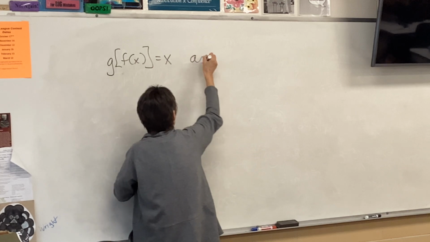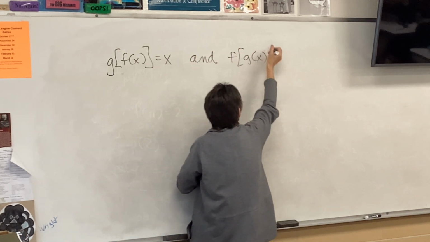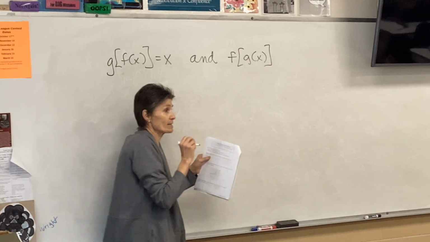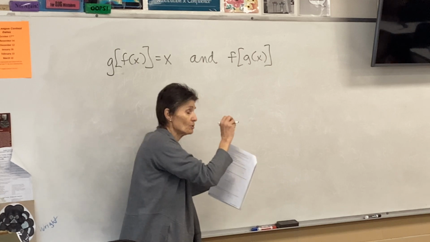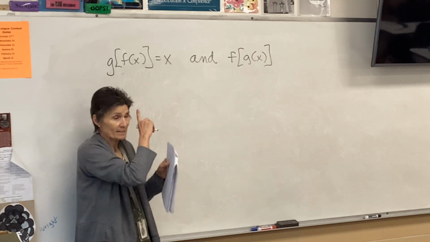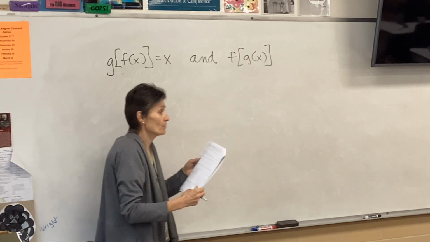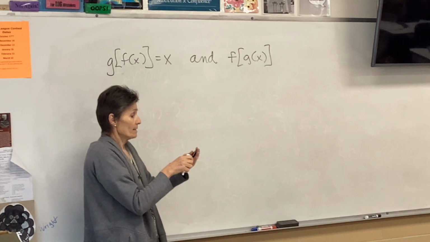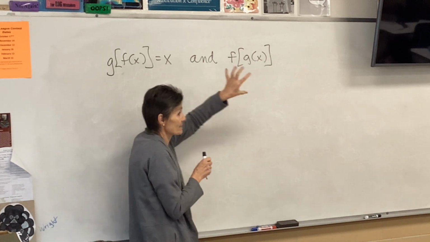This must be the case, and this must be the case. Some of you didn't do such a good job of this on the homework, and I wrote GTQ, guaranteed test question. That's one of the main ideas, so make sure that you understand if you are to show that two things are inverses, this is how you do it.